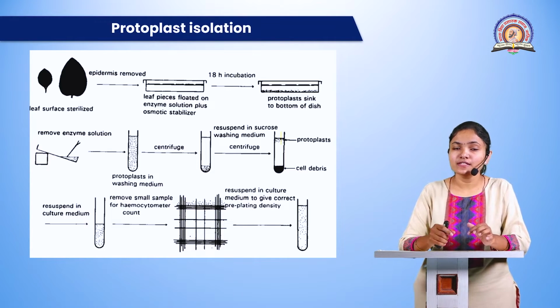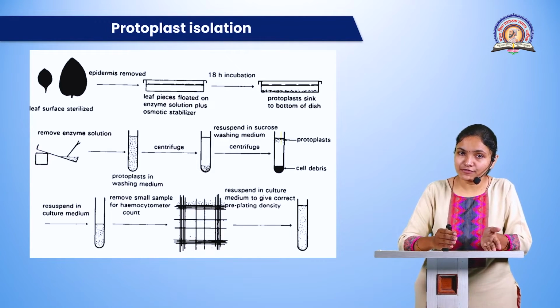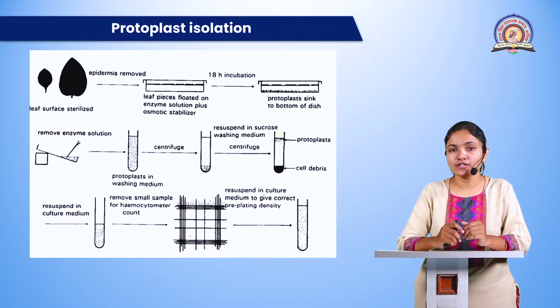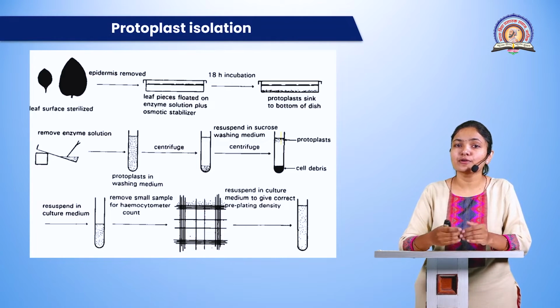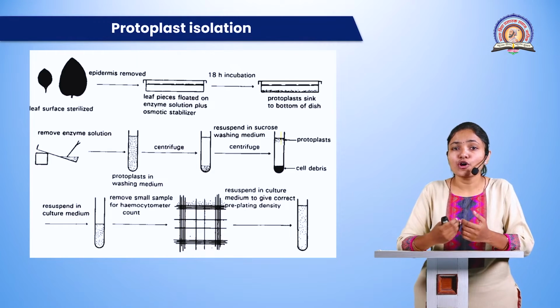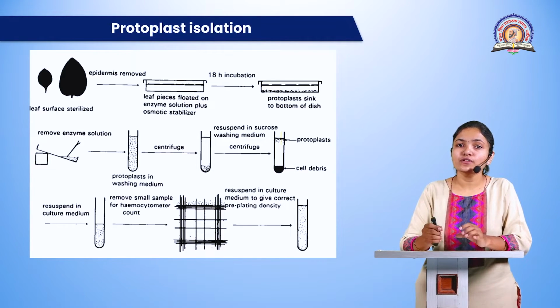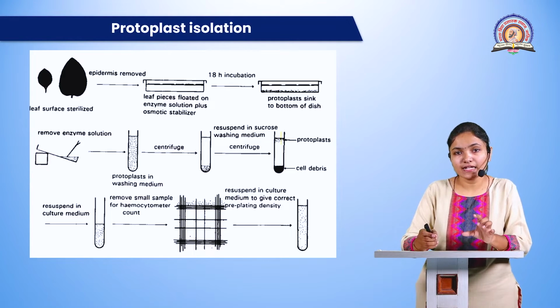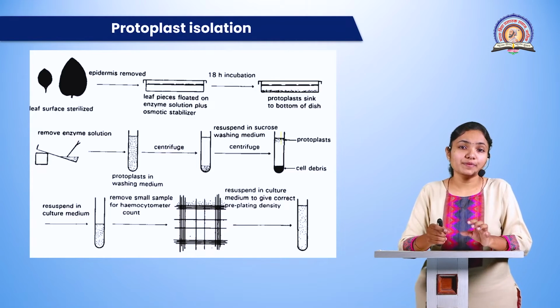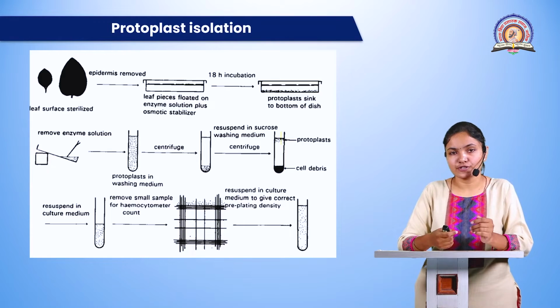Now this mixture of plant leaf and enzymatic solution we have to keep for a digestion reaction for about 24 hours. For 24 hours, this entire mixture will be kept in dark conditions.